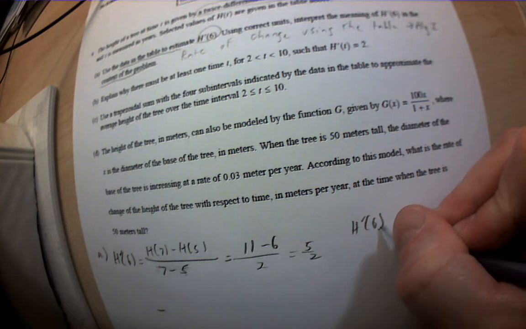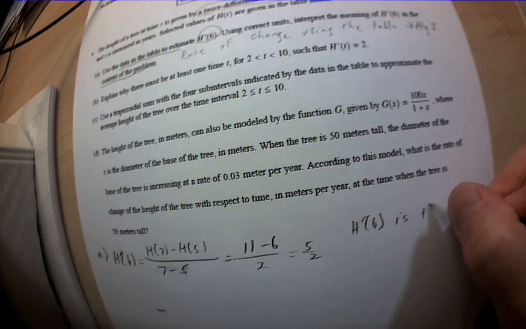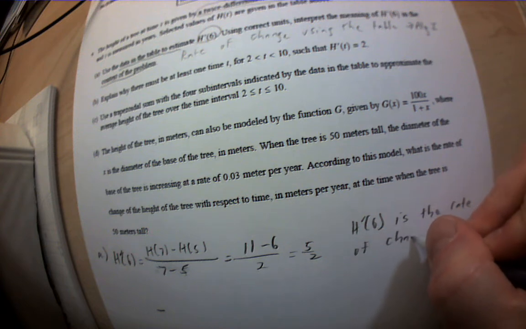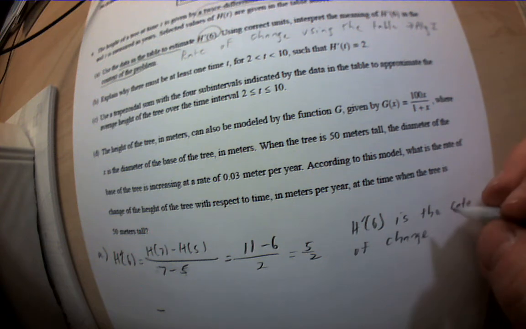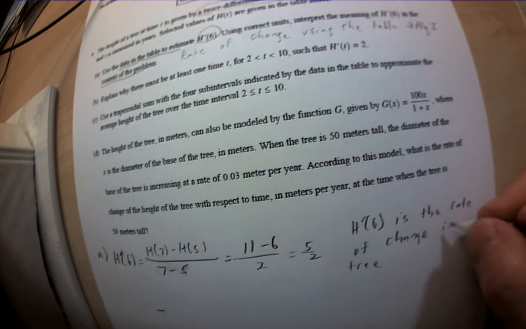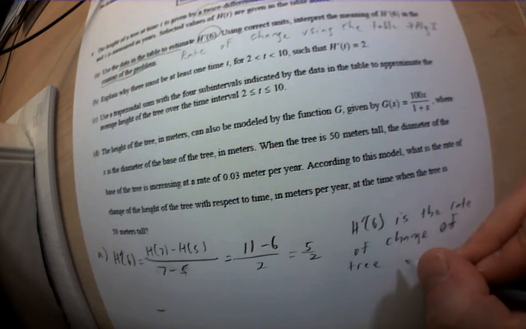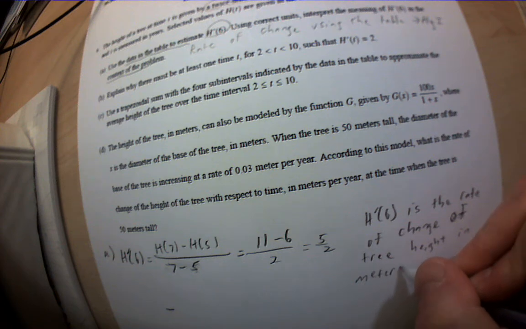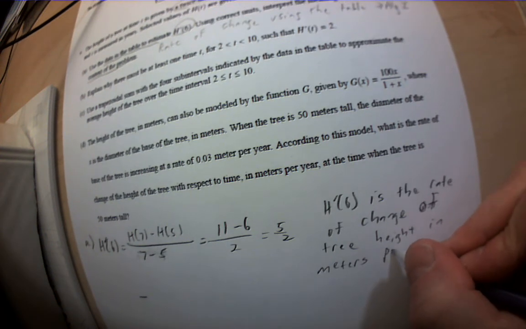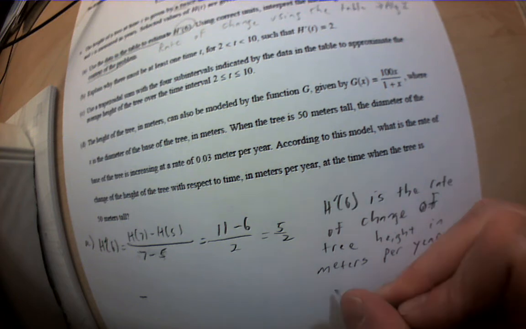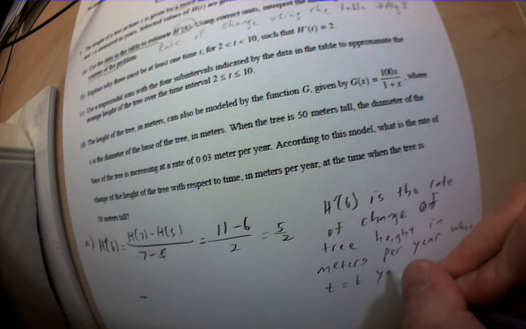h prime of 6 is the rate of change of tree height in meters per year when time equals 6 years.